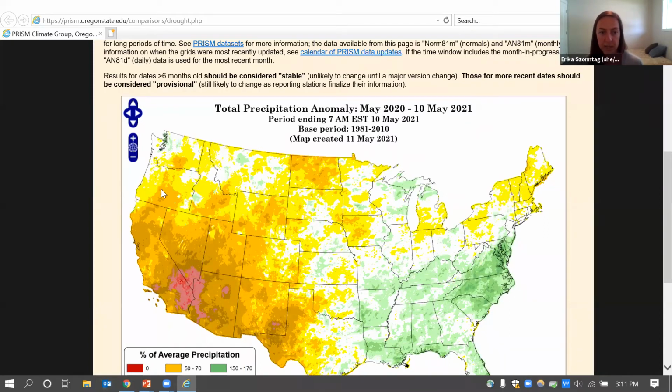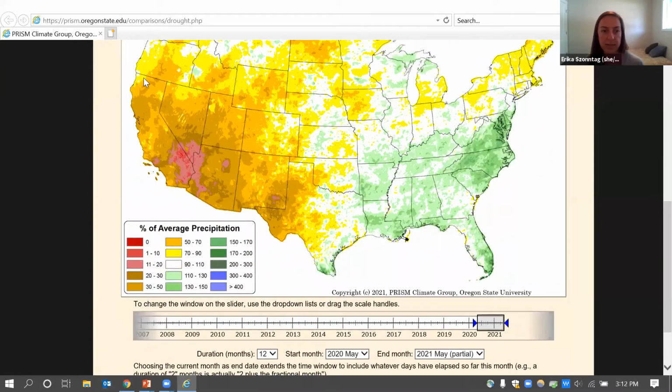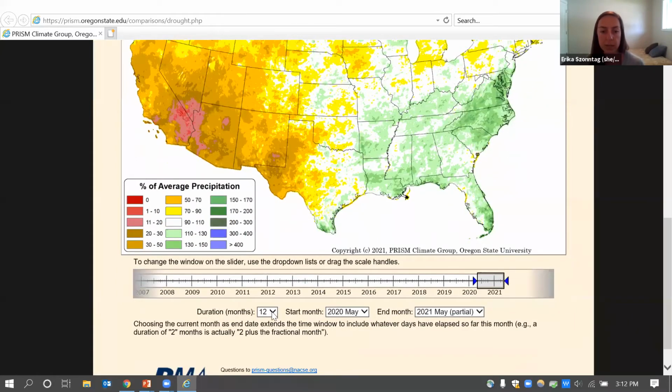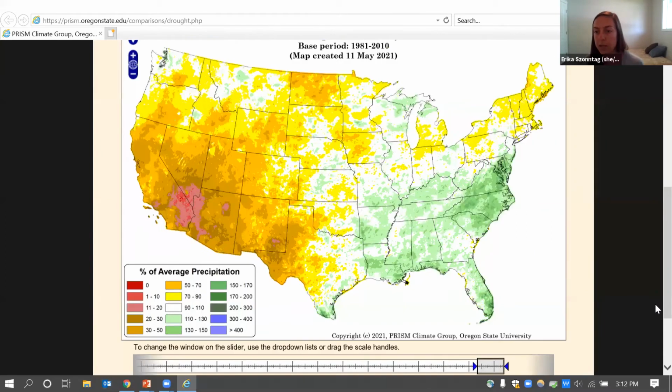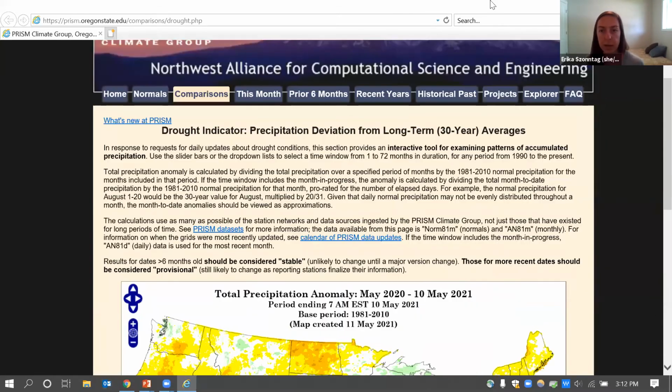So we can see out here in Oregon that we are in quite a bit of drought in certain parts of the state and not too bad in others. And if you scroll down, you can look for anywhere from 1 month to 6 years to see what your drought patterns are. And it's not surprising to see in the West that we're having some really dry conditions. So I really like using these tools and I hope that you'll like using them as well.